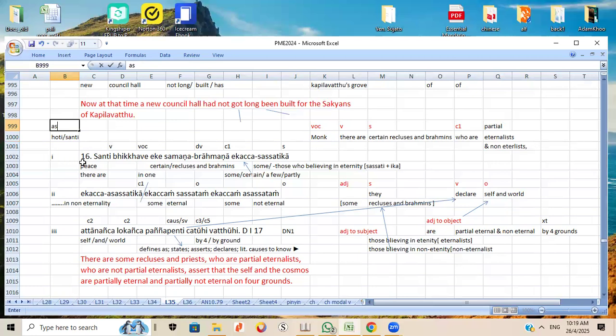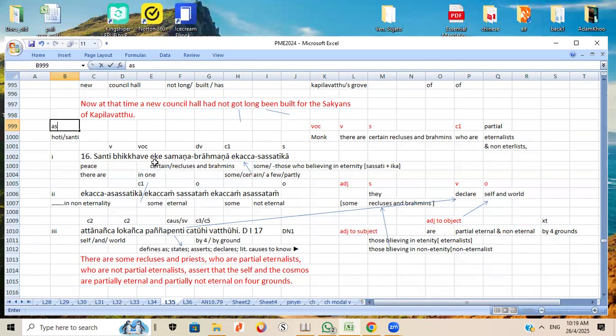This one is to be, so this one is a plural. So look carefully, this is one verb, this is one verb. So in this case, this is not peace. Can you see this is a vocative? Vocative, monks. And then this is a verb. Verb we normally put at the last, but in this case, no. We take: there are.